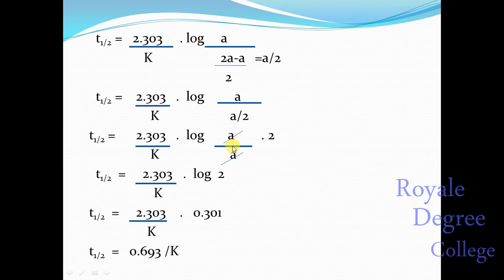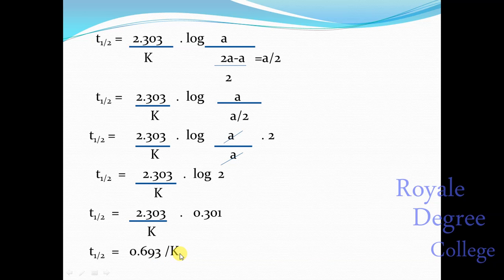So we get a/a × 2, and a gets cancelled. So what do you get? Log 2, isn't it? Then the value of log 2 is 0.301. Now we multiply these two values, 2.303 into 0.301, so we get 0.693/K.